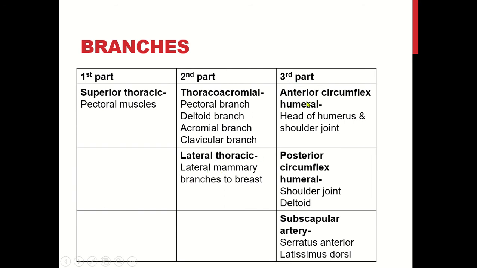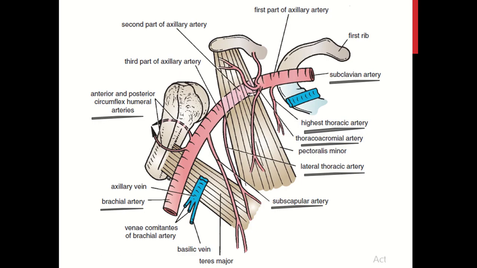And the third part of axillary artery gives anterior circumflex humeral artery. It supplies head of humerus and shoulder joint and posterior circumflex humeral artery which supplies shoulder joint and deltoid muscle. And the third artery is subscapular artery which supplies serratus anterior and latissimus dorsi muscle.